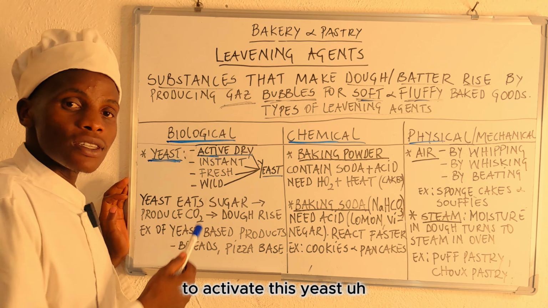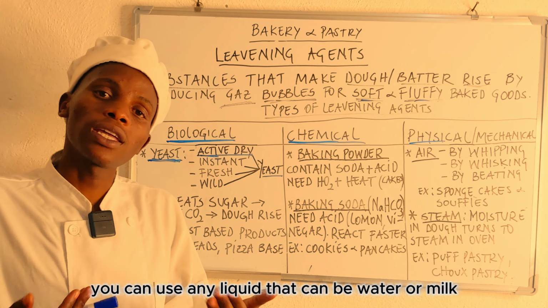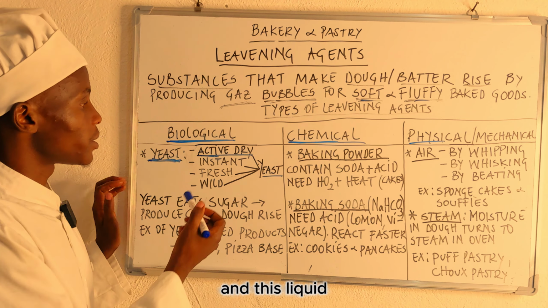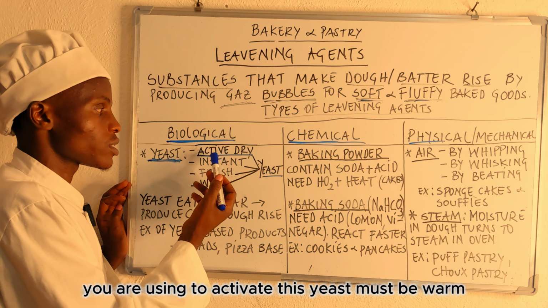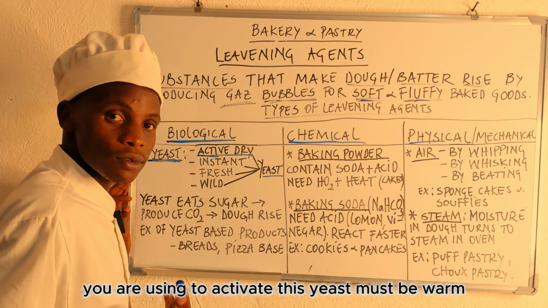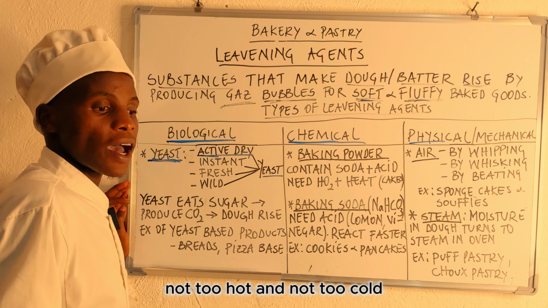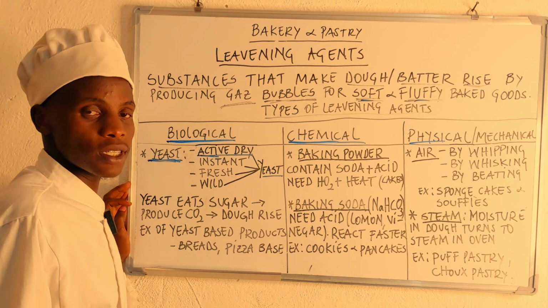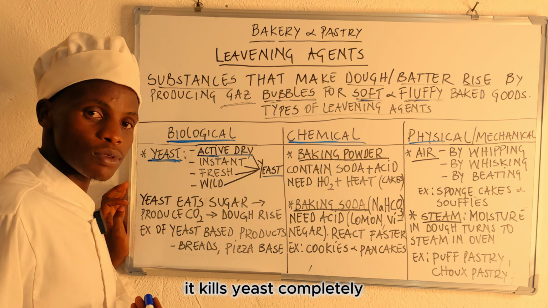To activate this yeast, you can use any liquid. That can be water or milk. And this liquid you are using to activate this yeast must be warm, not too hot and not too cold, because when water is too hot, it kills yeast completely.